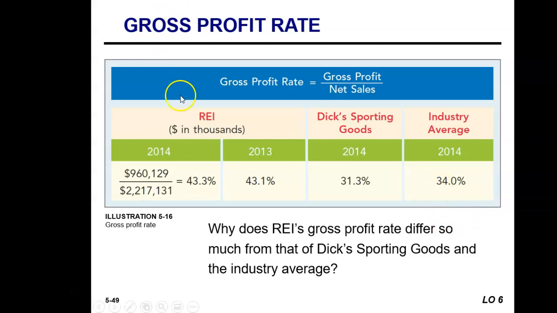It means that REI has a higher markup on their products than does their competitor, Dick's Sporting Goods. So probably you would get a better price by going to Dick's Sporting Goods than REI, but REI has a higher gross profit rate because they're selling their products for a higher price.